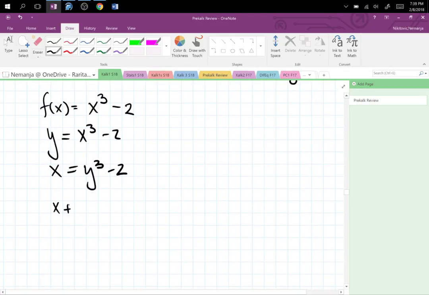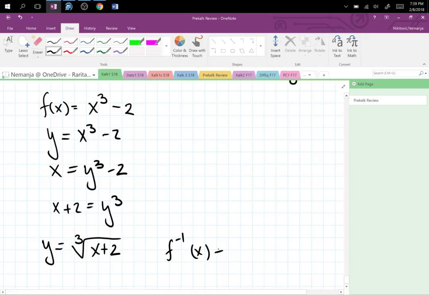So you get x plus 2 equals y cubed, and then finally y equals the cube root of x plus 2. Meaning that the inverse of f is the cube root of x plus 2. So that's the inverse. It's very simple to obtain this thing. Swap x and y, apply some algebra, and you're done.